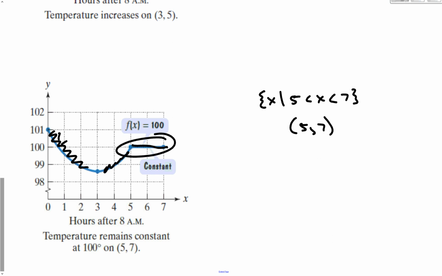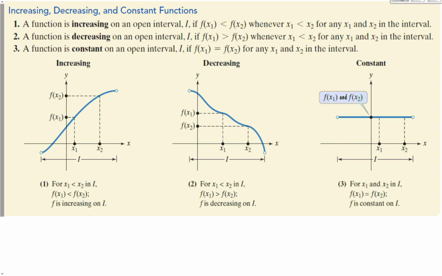Okay? But I'm sure you know that we cannot just say, oh, the graph's going up, the graph's going down, the graph is flat. We need to say that in a mathematically appropriate way. And the way we do that to tell whether a function is increasing, decreasing, or constant is to use these notations right here.